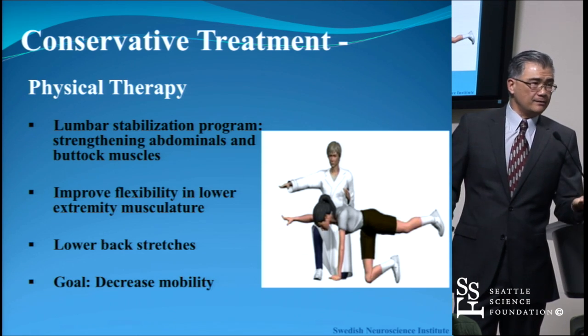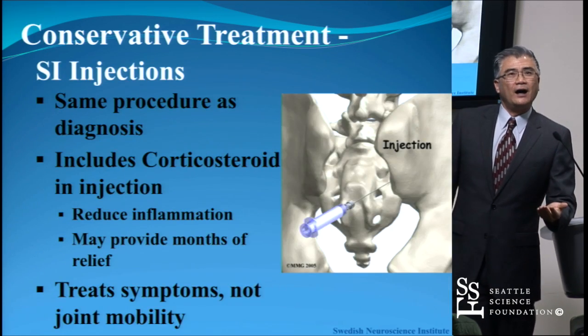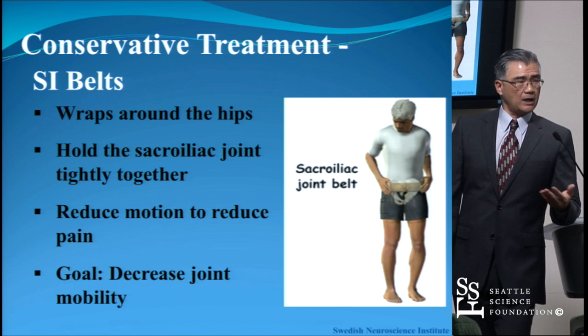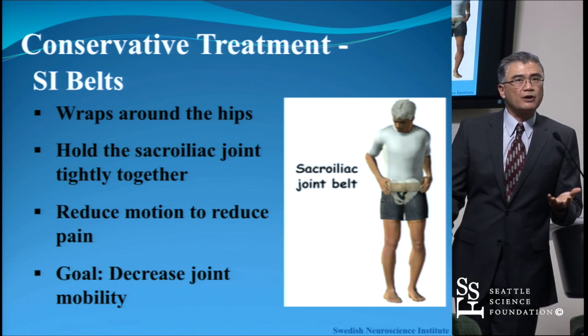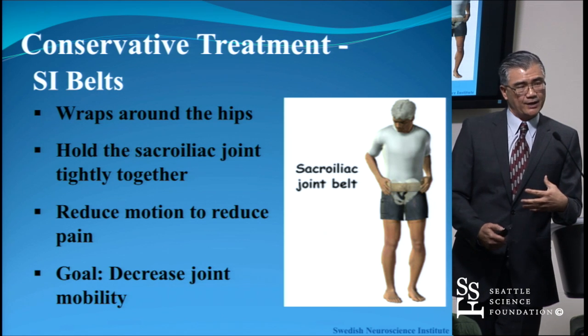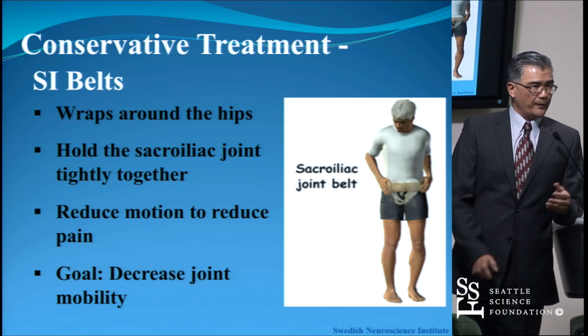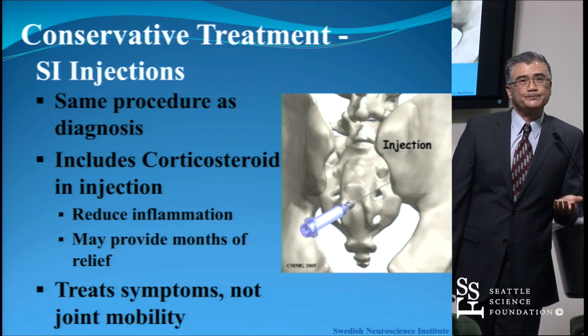So PT, as a first step, can be helpful to a lot of patients. Sometimes the physical therapist will also prescribe an SI belt to further stabilize the SI joint, and that should provide relief to the patients too.